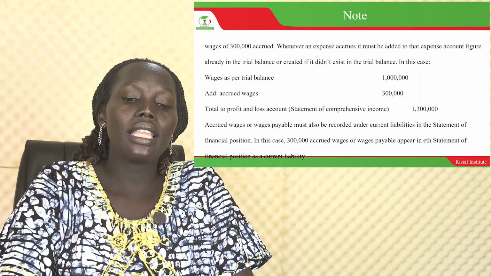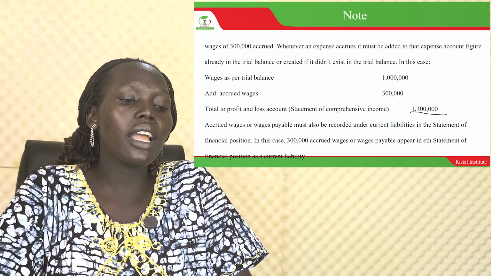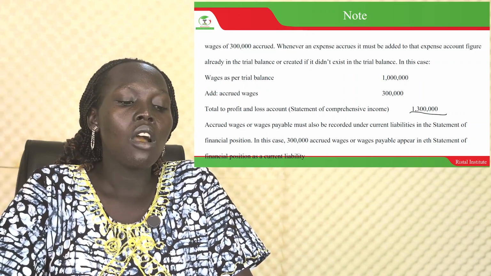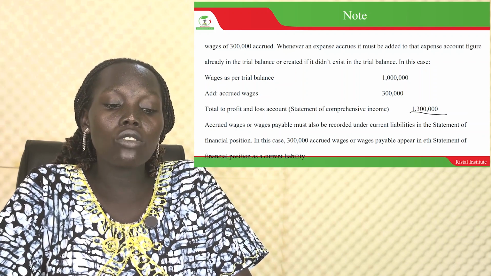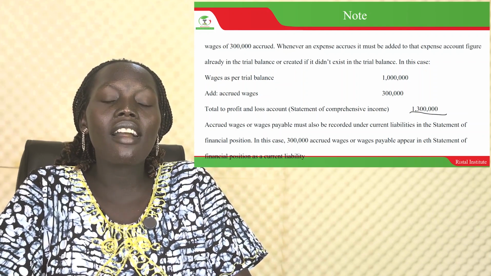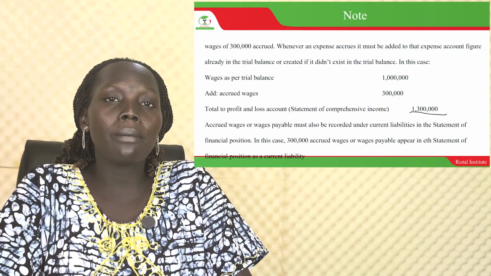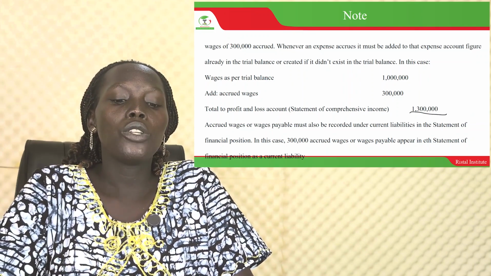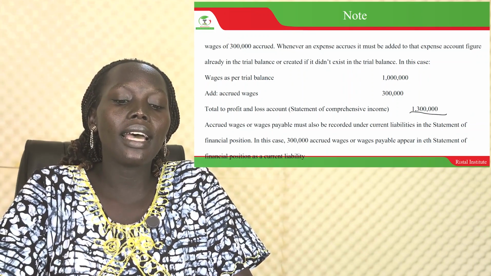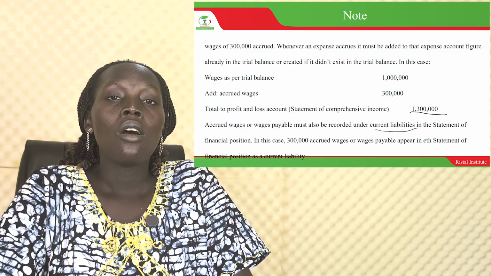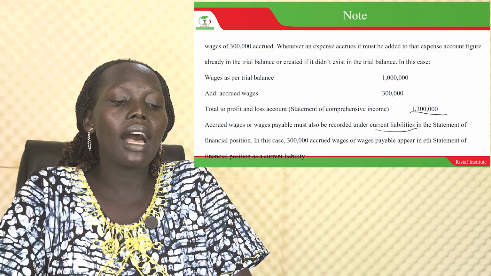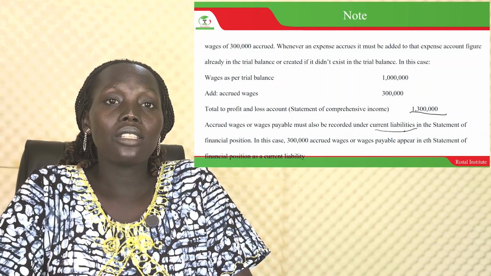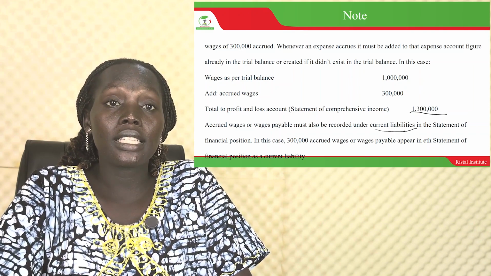We are going to take this figure because the accrued wages, or we can call it wages payable, must also be recorded under current liabilities. So when we go to the balance sheet later on, we shall record them under current liabilities. Why do we record them under current liabilities? Because they are payables, something that you've not paid yet.